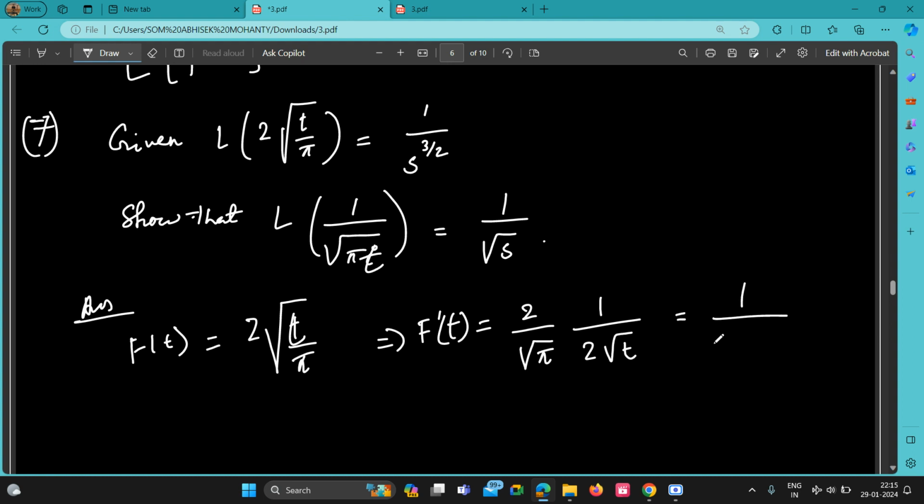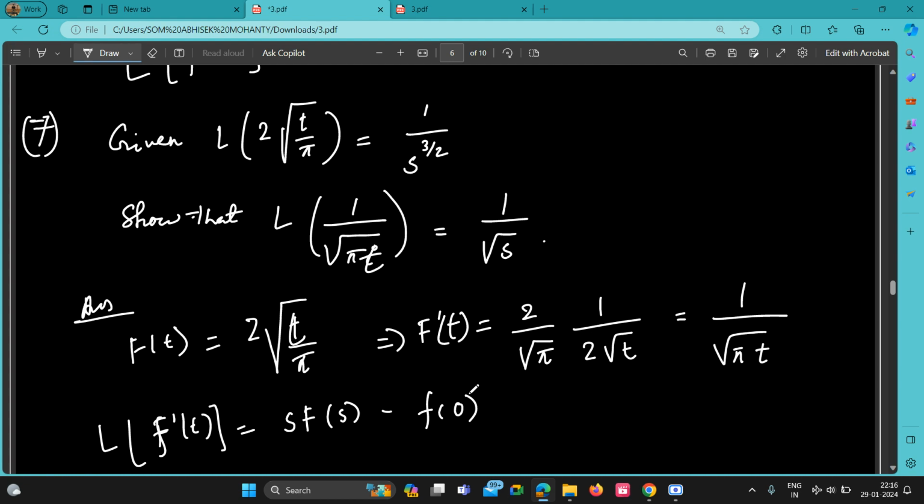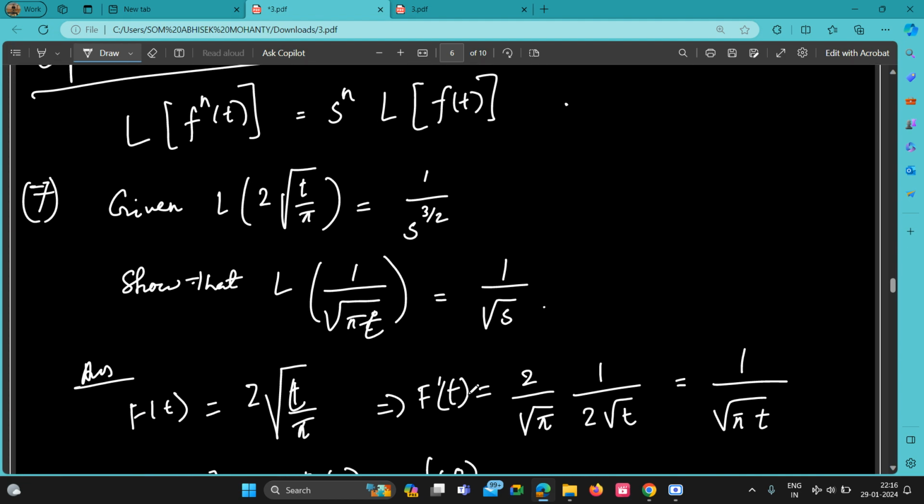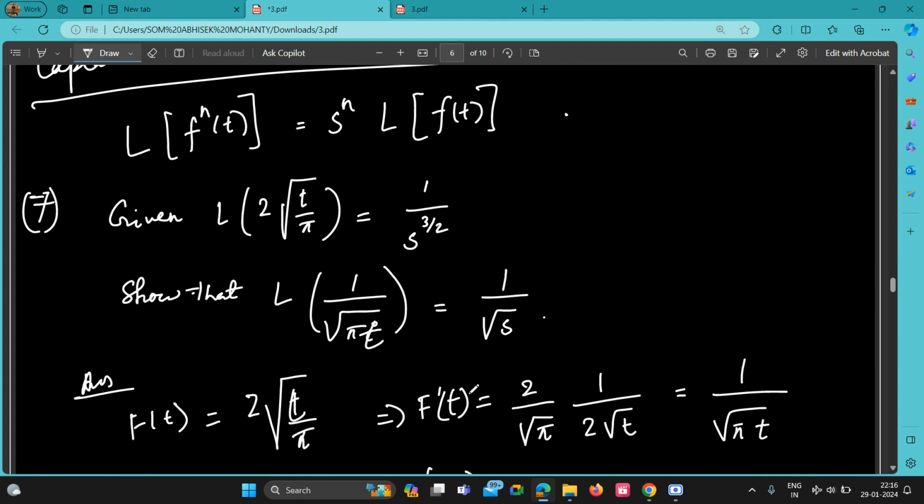So this one is 1 by root over pi t. And we know L of f dash t is s F of s minus f of 0.